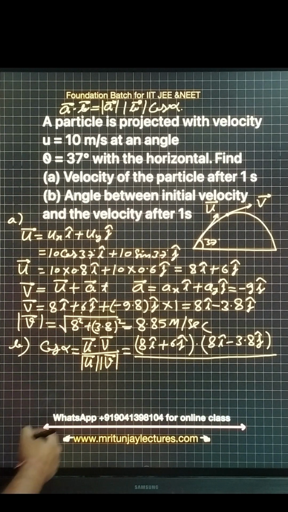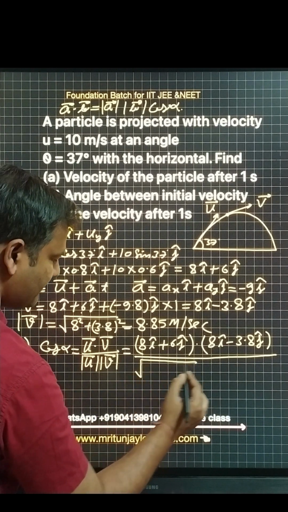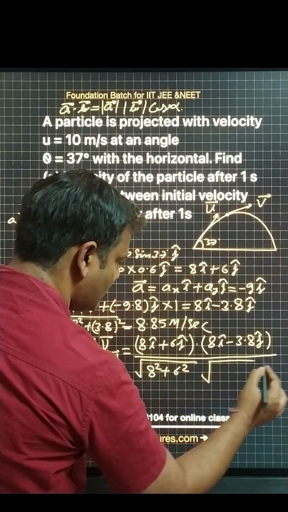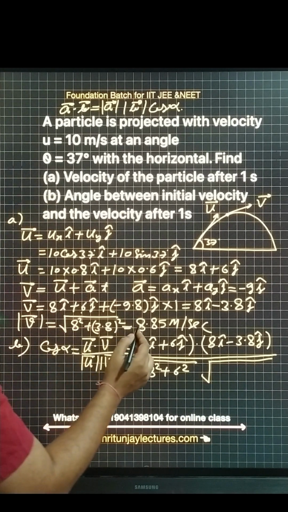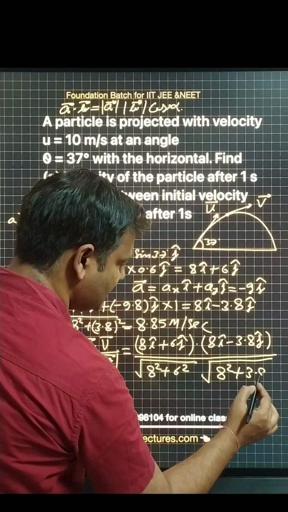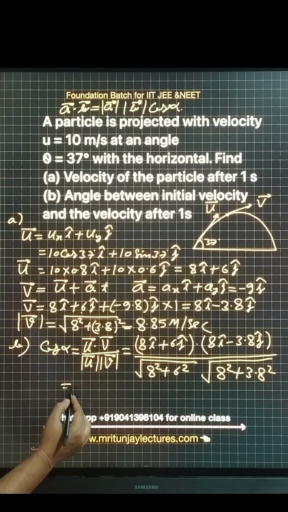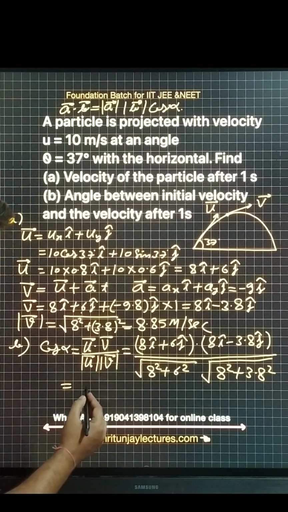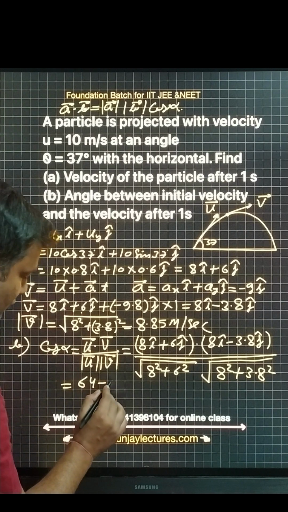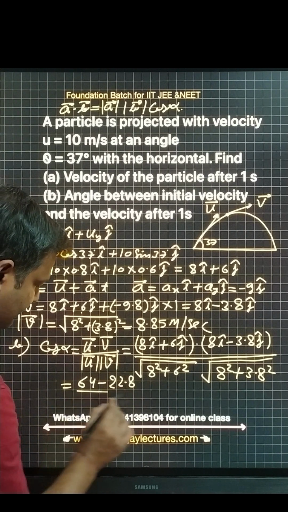Mod u is how much? Under root of 8 square plus 6 square, into under root of 8 square plus 3.8 to the whole square. So what about that value? 64 minus 3.8 into 6. 3.8 into 6, that is how much? 22.8.